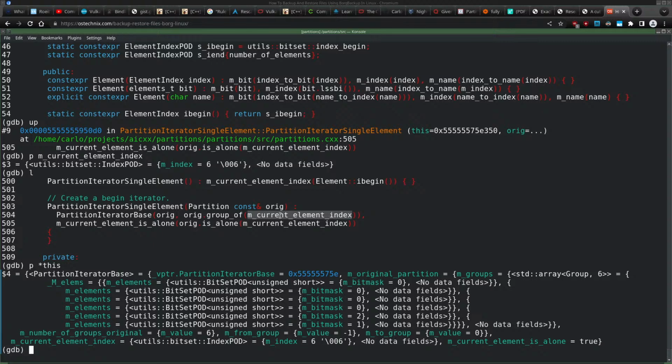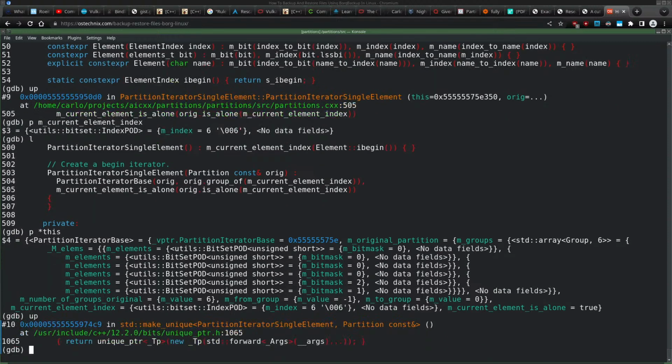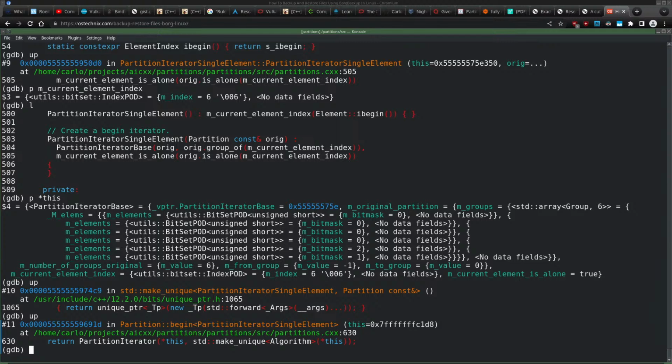If it's not at all, it's undefined. If it's undefined, then oops, what am I trying to do here? This is really weird. Standard make unique.